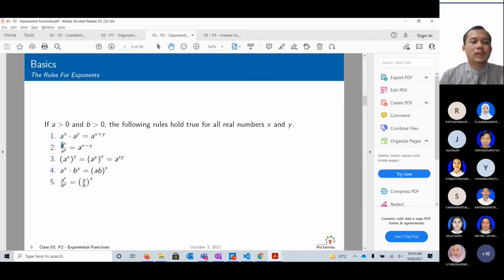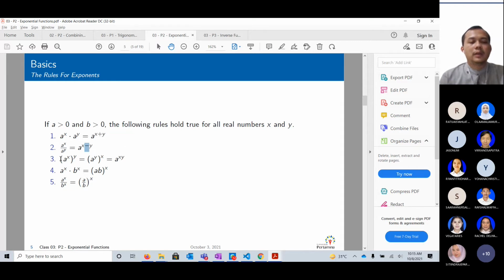And if we do this quotient, the power is subtracted. So we take the difference of the powers. Whatever is below the division, whatever becomes the denominator, the power is negative.